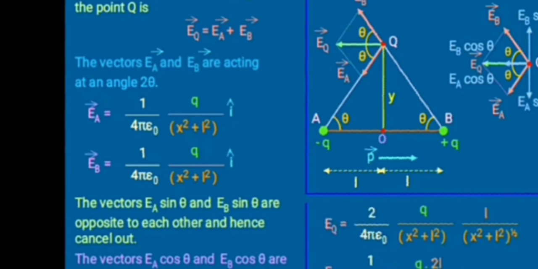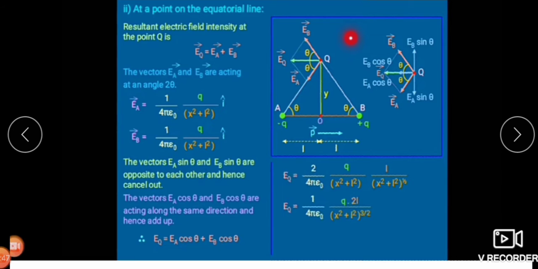Next derivation is electric field intensity at a point on the equatorial line of a dipole. In the diagram, a dipole is considered and this is the equatorial line. OQ is the equatorial line of the dipole.